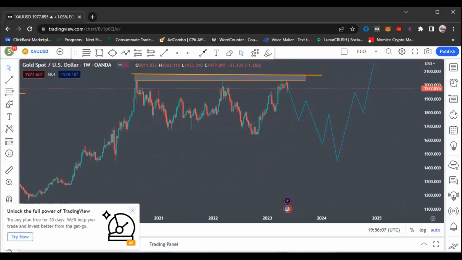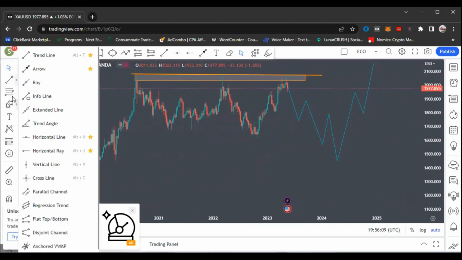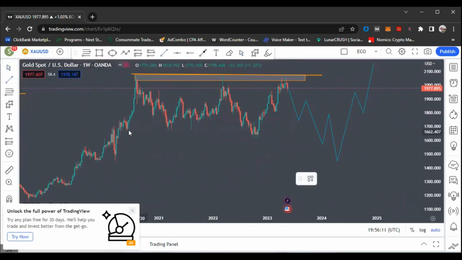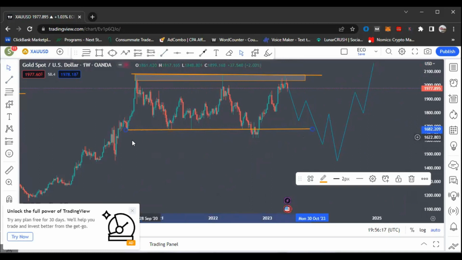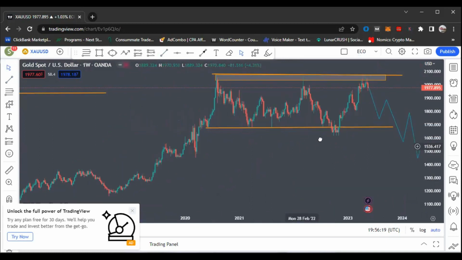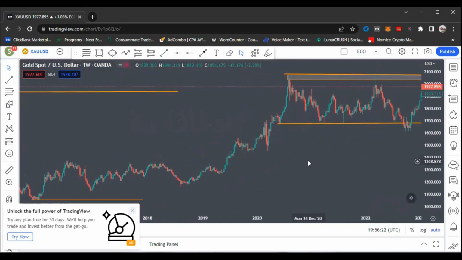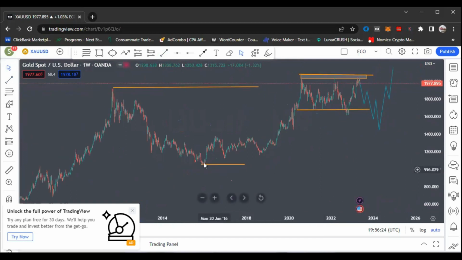So you have to take note. Here, retail traders are looking at this area as a range, an area where gold is ranging. But we are looking at this entire range from this point to this point as a range.